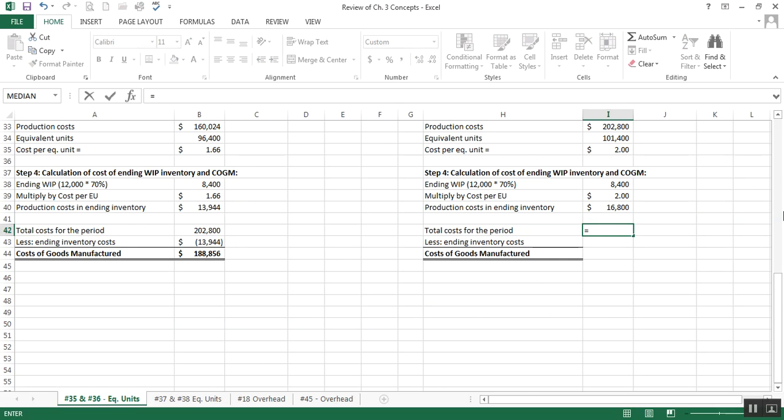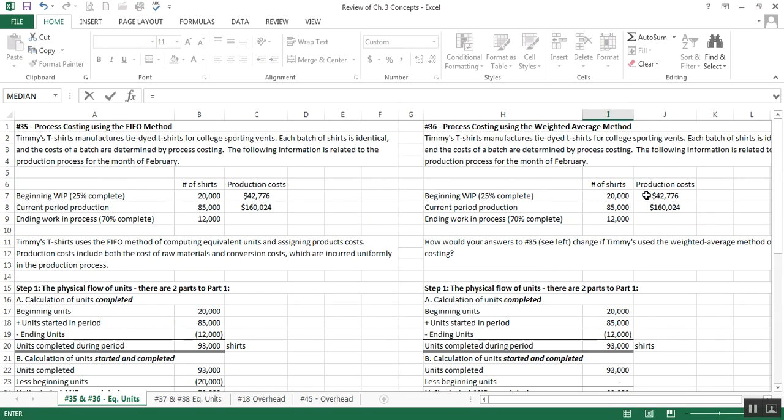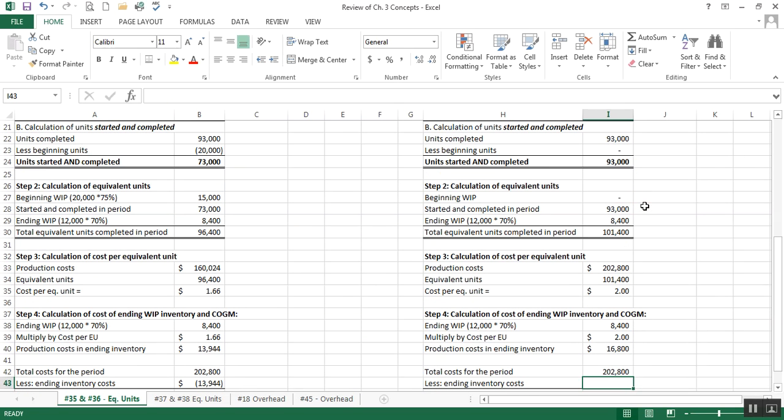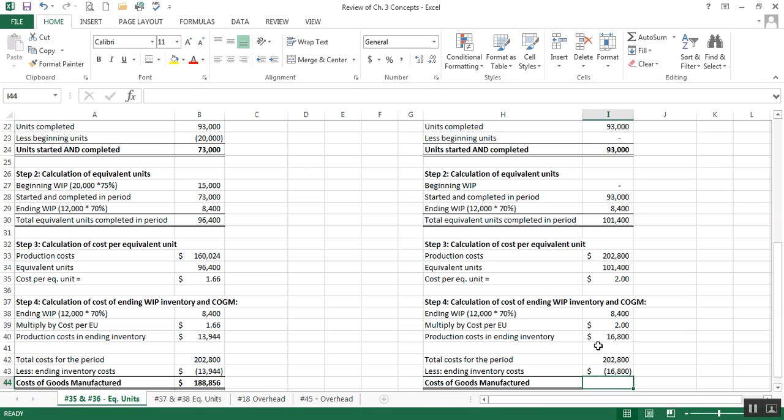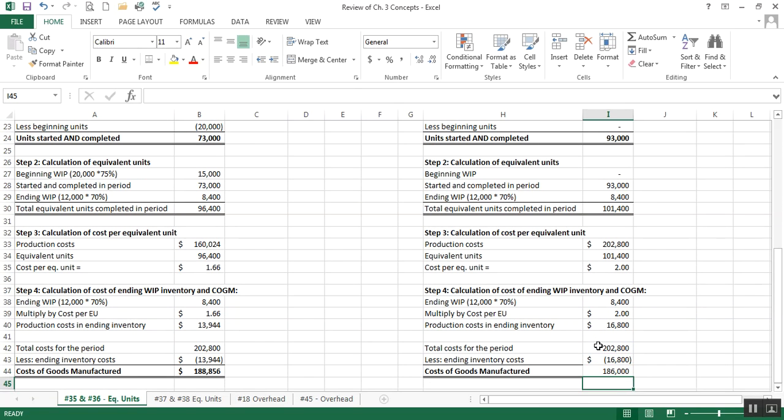Again, we'll look at our total production costs for the period, less what remains in ending inventory to calculate our cost of goods manufactured that's going to transfer over to finished goods.